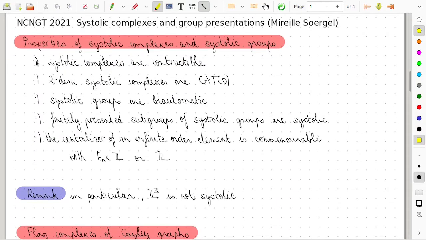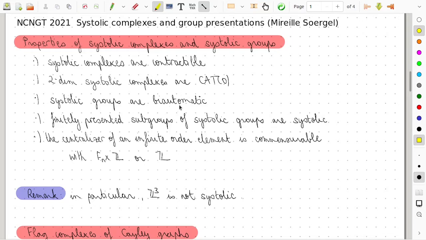Systolic complexes are contractible, so they work as classifying spaces for groups. I told you that systolicity is a form of non-positive curvature, while two-dimensional systolic complexes are CAT(0). Systolic groups are biautomatic.